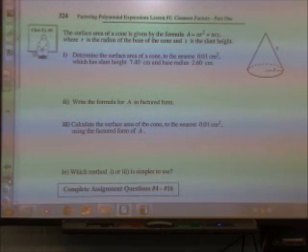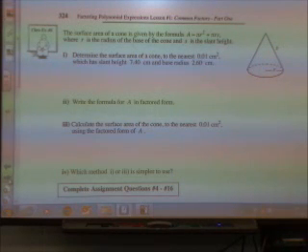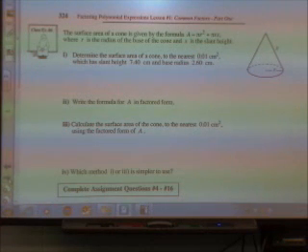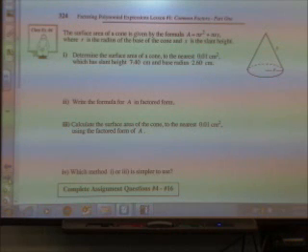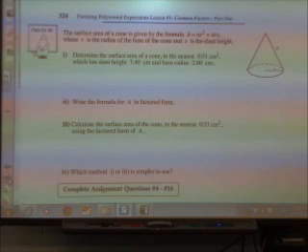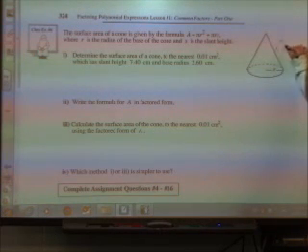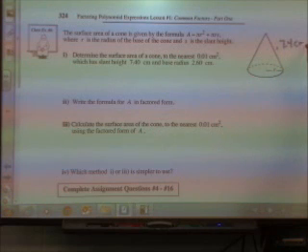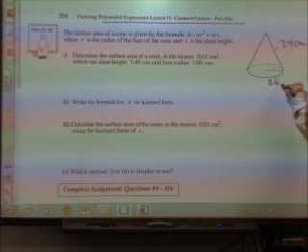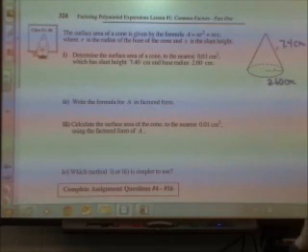Okay. The surface area of a cone is given by the formula A equals pi r squared plus pi rs. R is the radius of the cone and S is the slant height. Determine the surface area of a cone to the nearest hundredth of a square centimeter, which has a slant height of 7.4 centimeters and a radius of 2.60 centimeters.